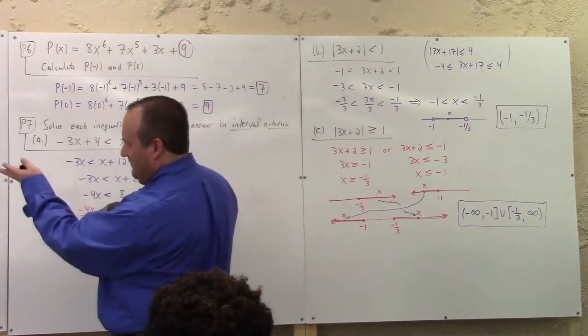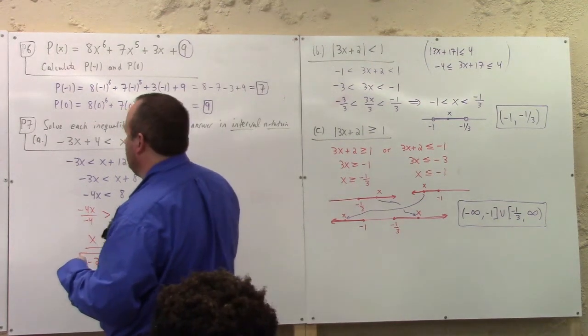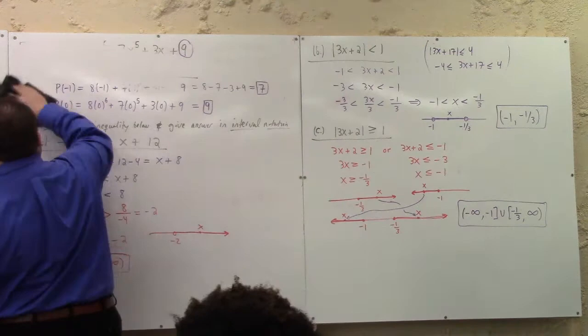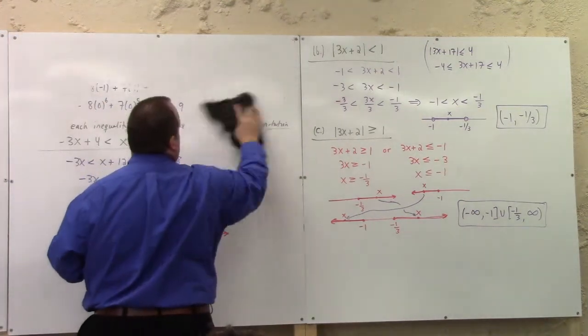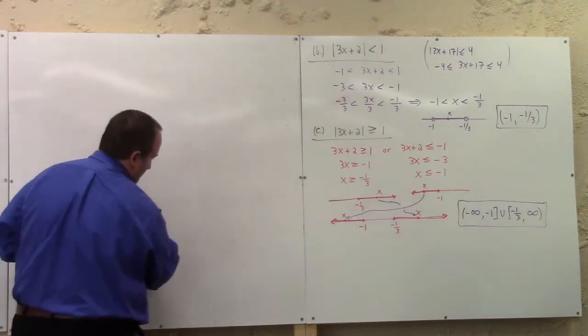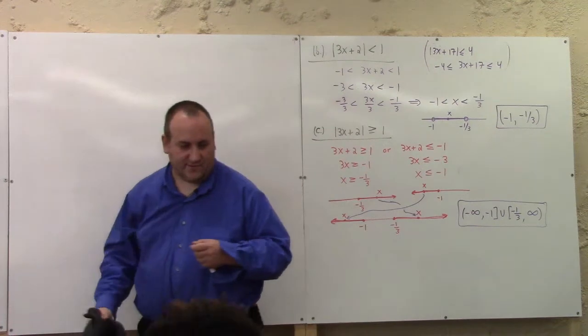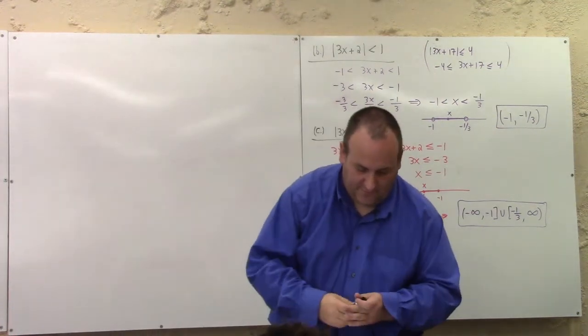I do want you to be able to graph the line. A lot of you were not able to do that on the test where I asked about it. But I believe every person taking this course can graph a line. I refuse to believe people can't graph lines.